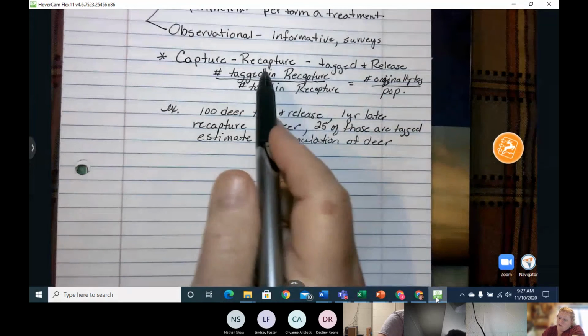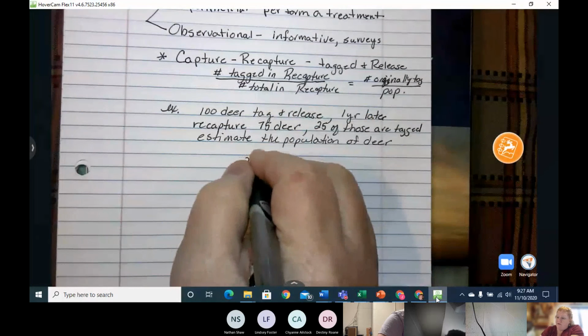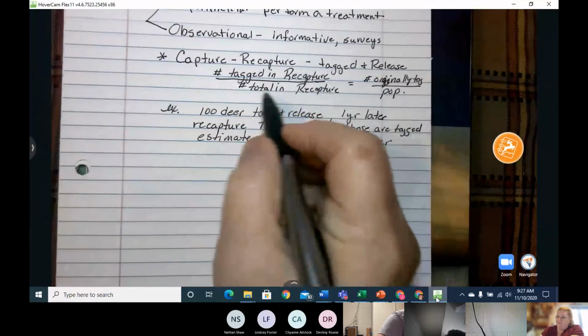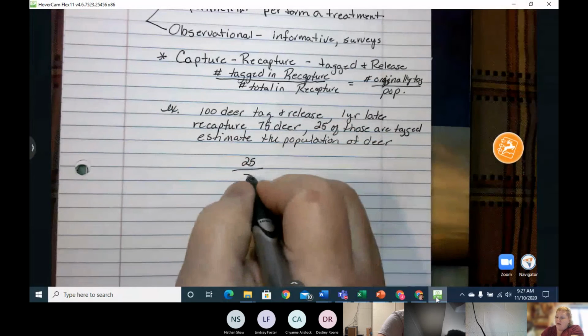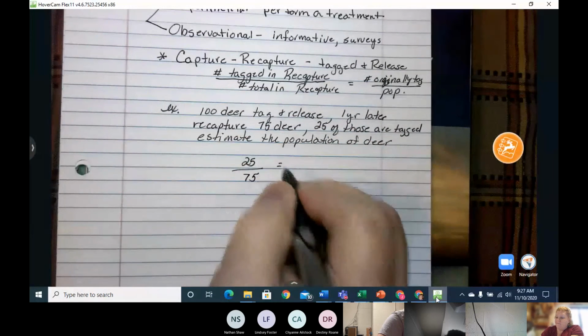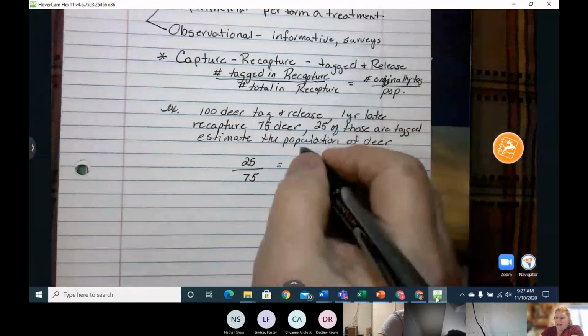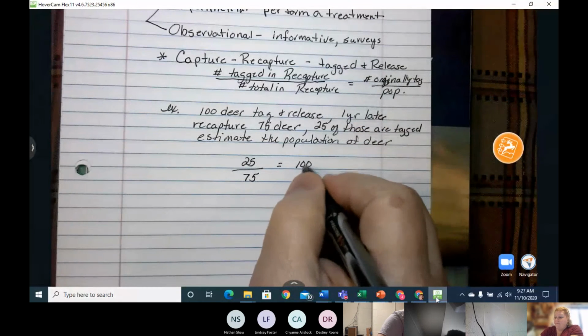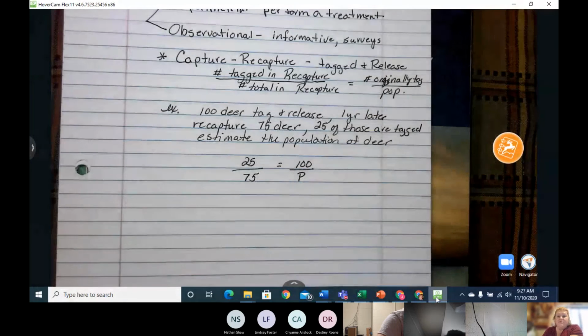So following this formula, the number that were tagged in recapture was 25. The total in the recapture was 75. The number that was originally tagged was 100. And we don't know the population. That's what we're looking for.